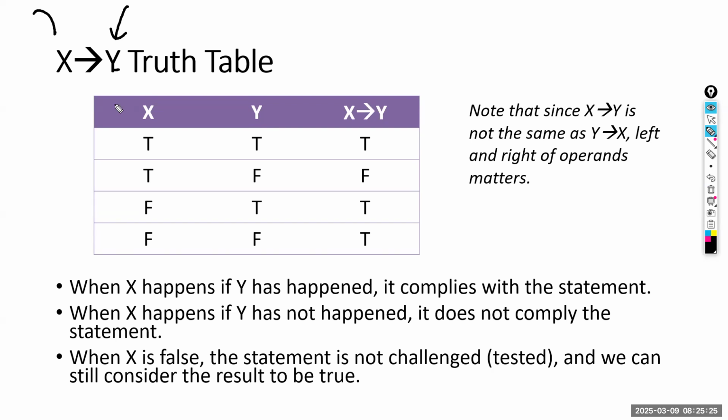Now your real confusion is a valid confusion. When x does not happen, why do we say that the statement is true? Ideally this should have been open, because we don't know whether this is true or false.